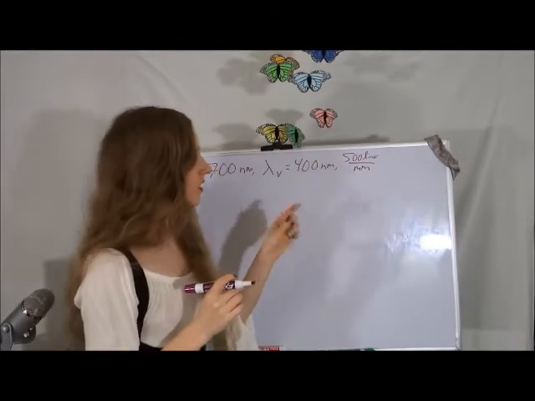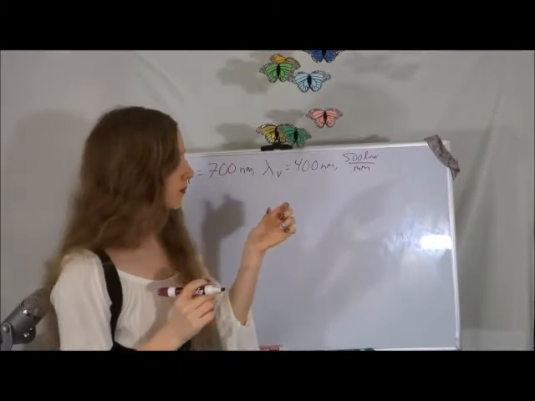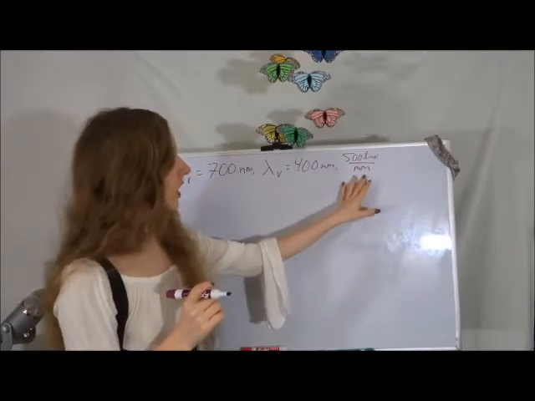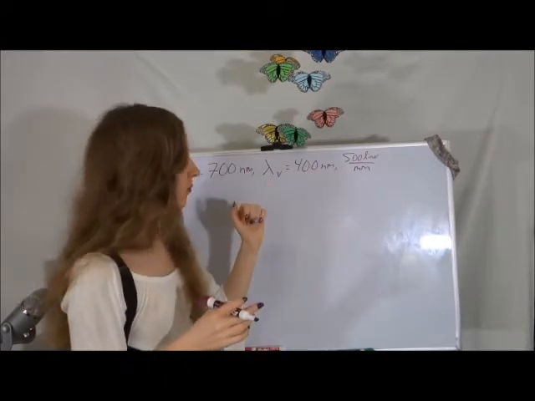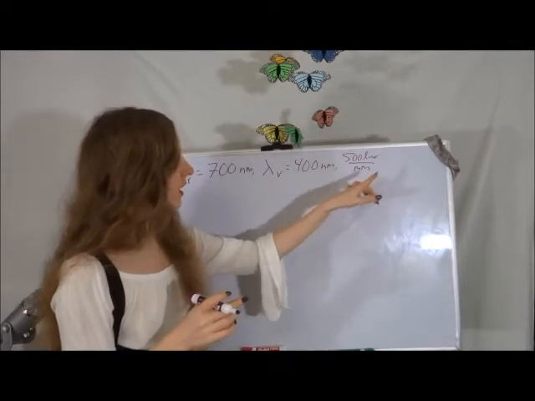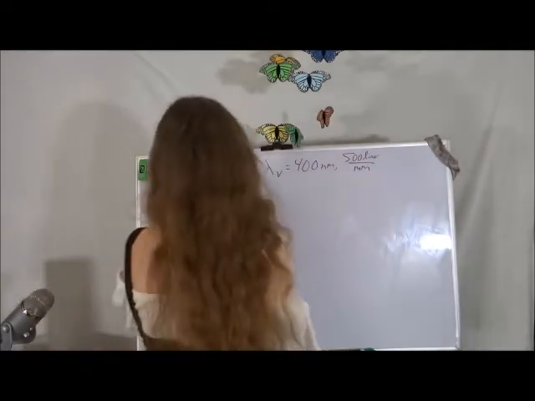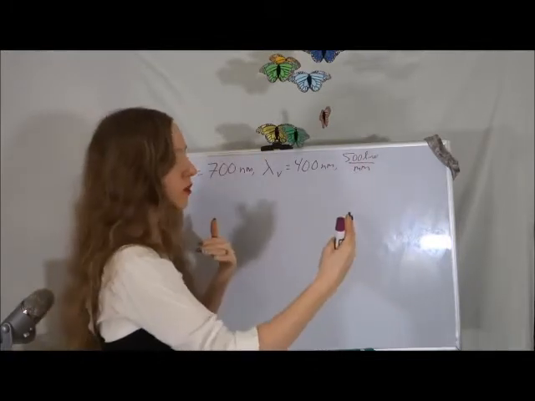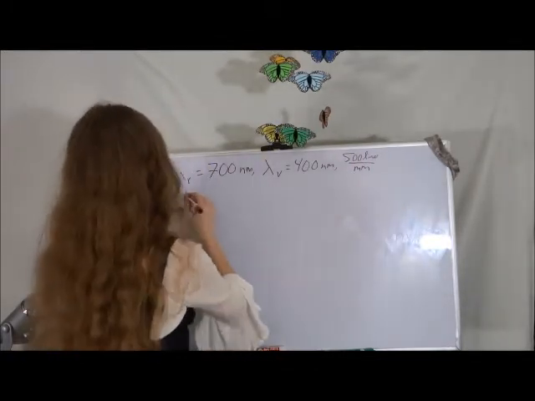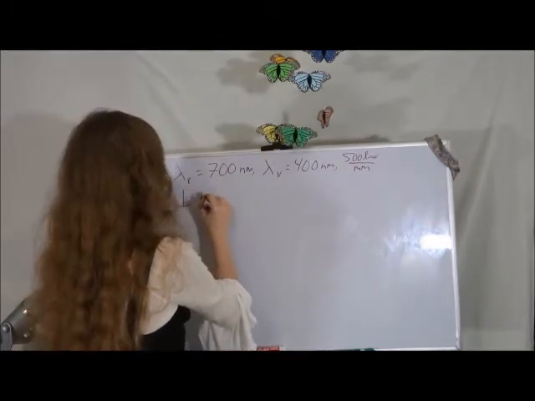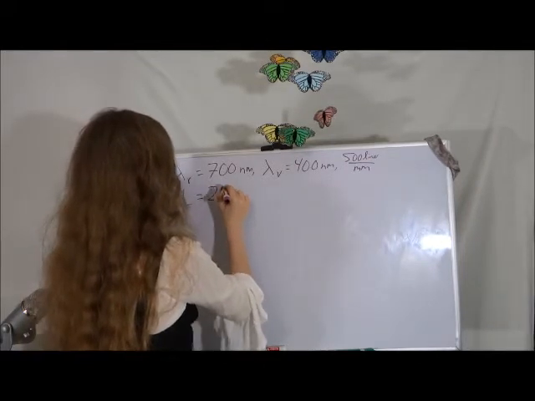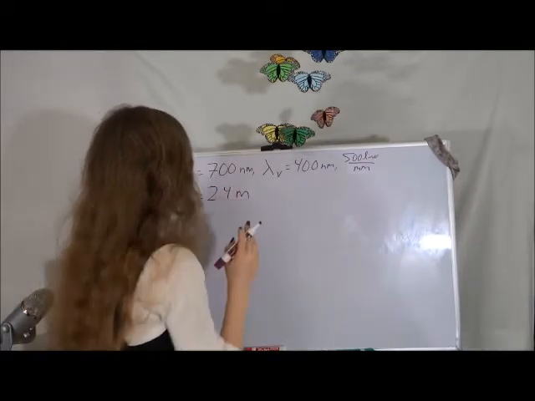And that's going to be related to the distance between slits. That is not the number itself, but it's going to be related to that. Now, the last bit of information we're given is that our screen is 2.4 meters away from our diffraction grating. So we're going to have L is equal to 2.4 meters.